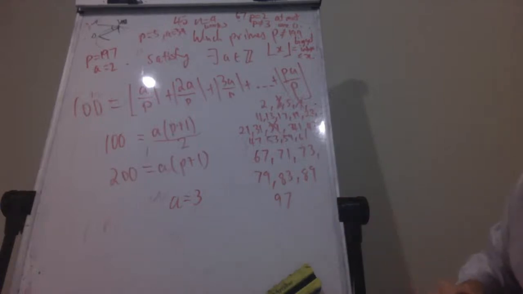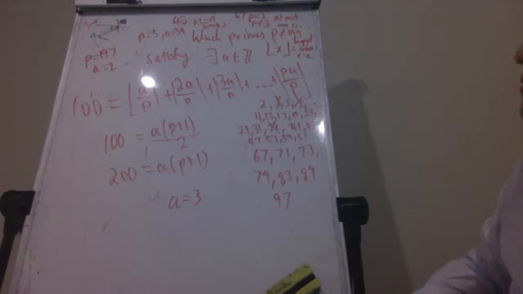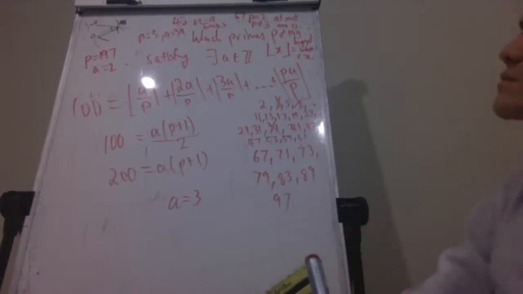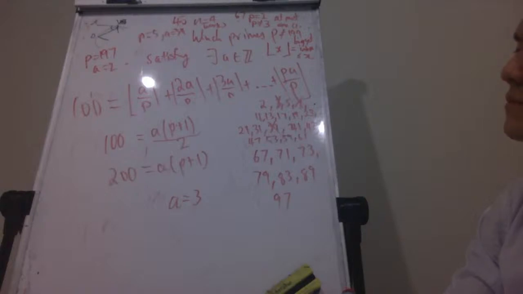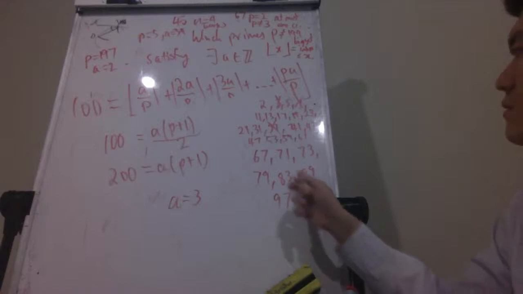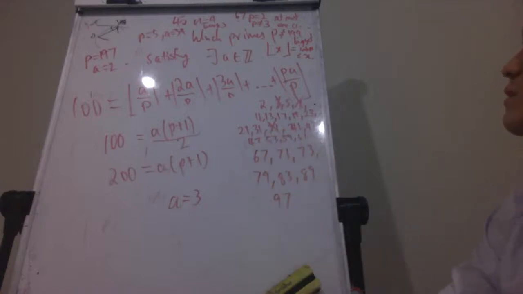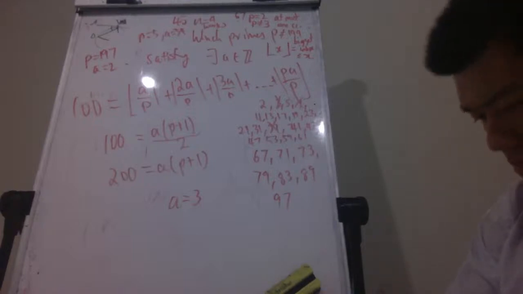And I tried 53, around there, for A equals 4, and it's also very slightly off. It's like a 102. A equals 4, you said? Yep, for 53.